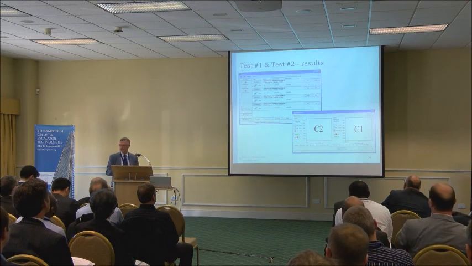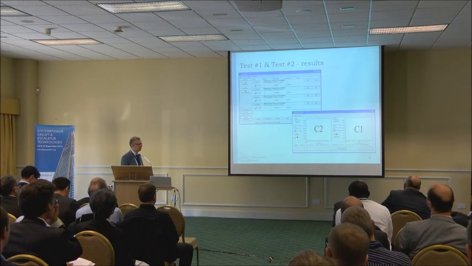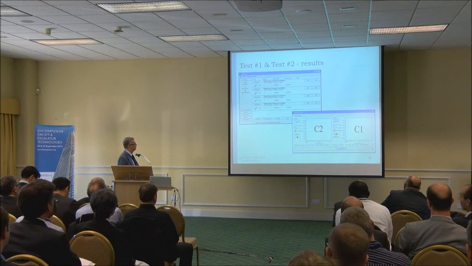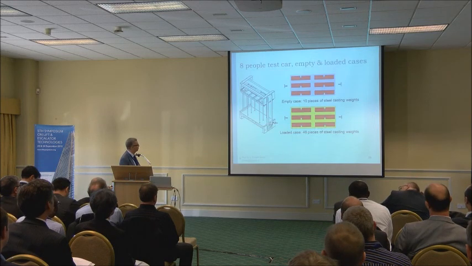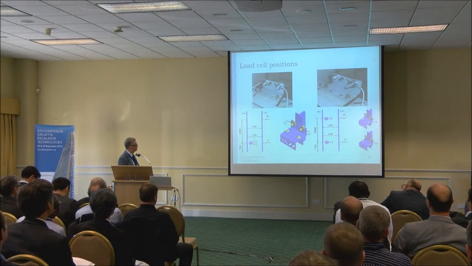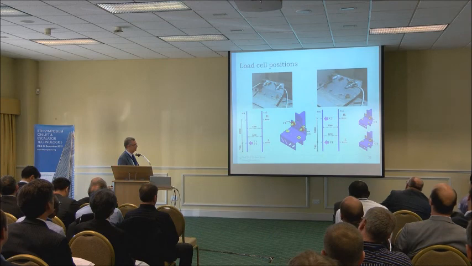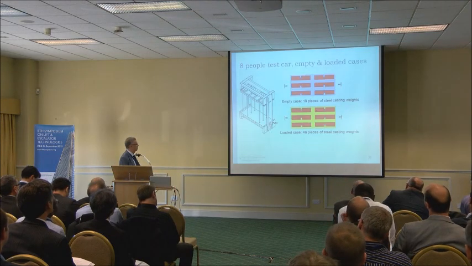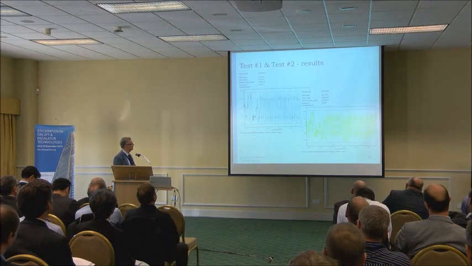These are the screenshots from the software which we use to read from the sensors. So C1 and C2, let me go back, show the number of sensors. So we are going to see the graphs like that.